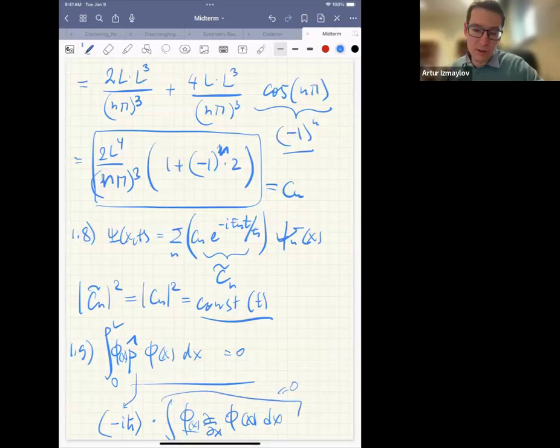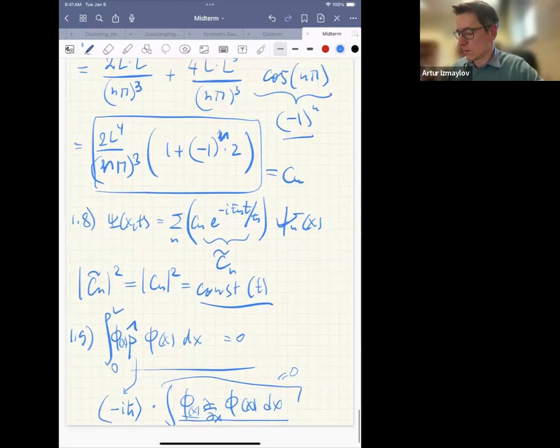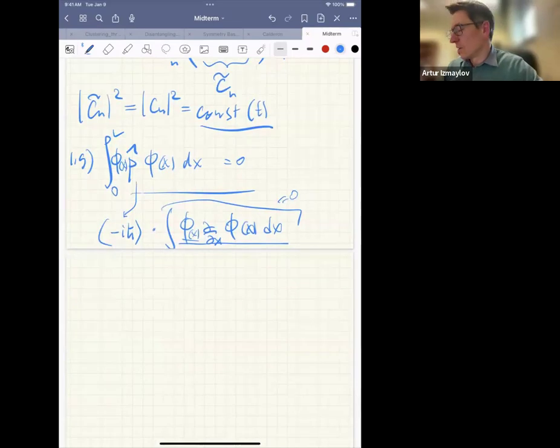Because we know that the expectation value of a Hermitian operator needs to be real. That's one way to show that it should be 0. Another is we could simply do the integration by parts for this integral and see that the boundary conditions are zeros essentially, and we get our 0 that way. Any questions about that part?